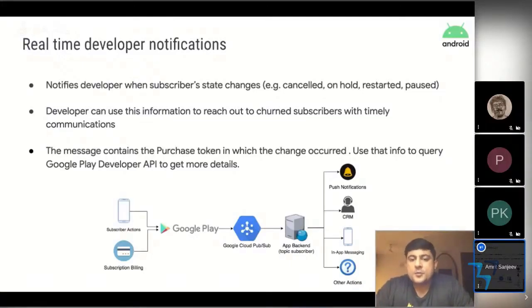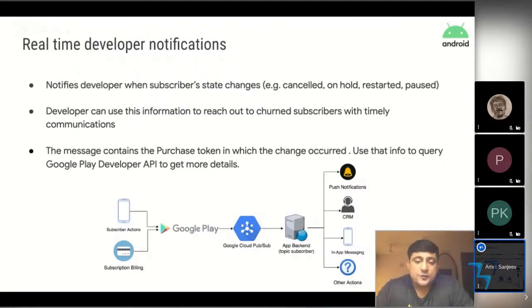When you implement real-time notification, whenever the state of your subscriber changes, that they have cancelled, or put it on hold, or restarted their subscription, or paused, you get a notification at an endpoint based on a pub/sub model, and you can take a corrective action based on that information.